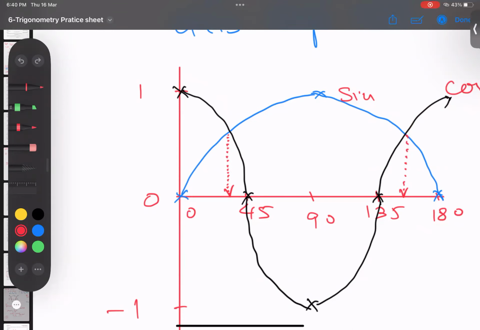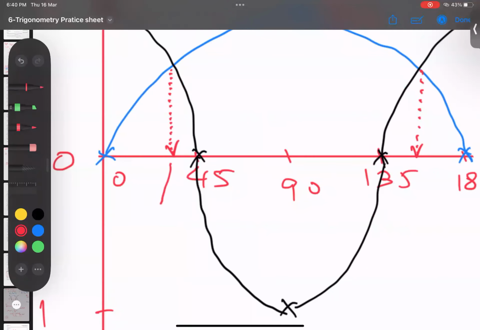Why? Because at these intersection points, in the middle, the blue curve is above and the black curve is below. But before 30, what is this number? Let me write this number for you, inshallah. I believe you understand. 30. And what is this number? 150. Hold on.